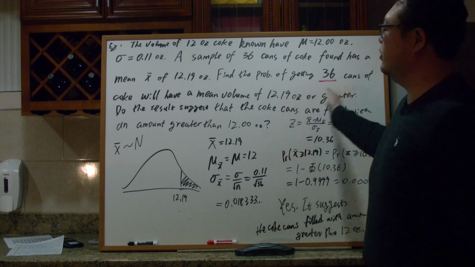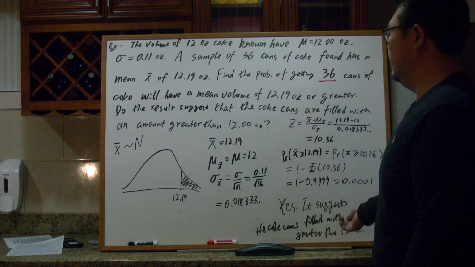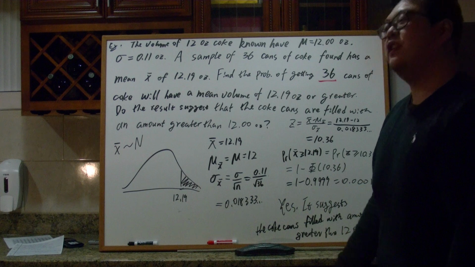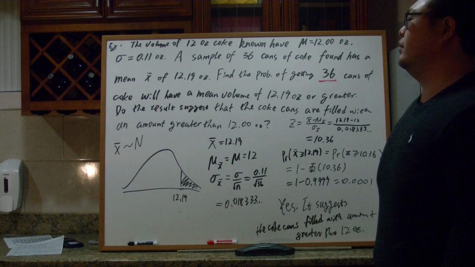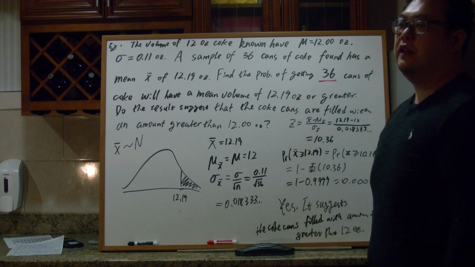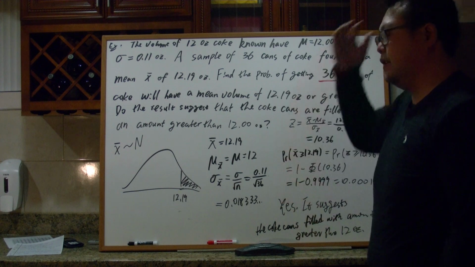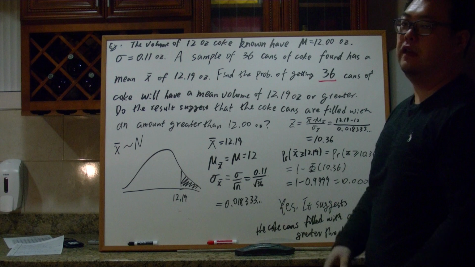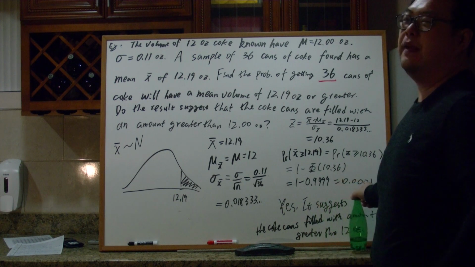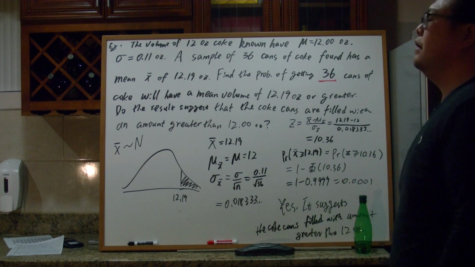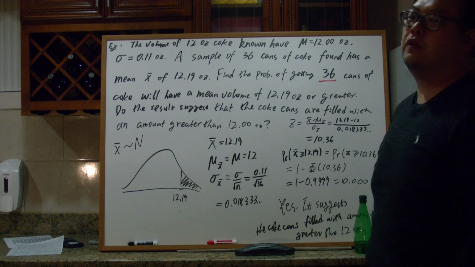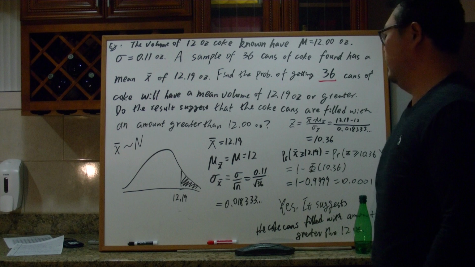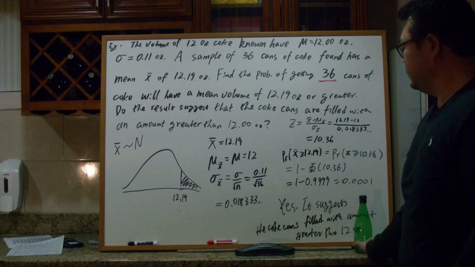But to ask usual or unusual, the suggestion is only a suggestion. Even though it's very unlikely to happen that we are so lucky to get 12.19 ounces of Coke when the mean is filled to be 12 ounces, that still happens. It's still able to happen, like someone still being able to win the lottery, even with very, very low likelihood.